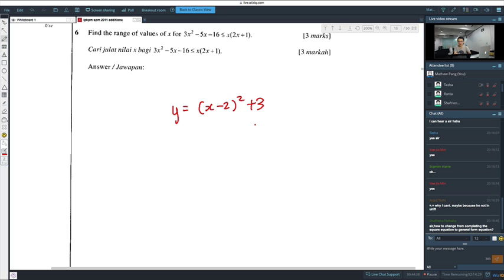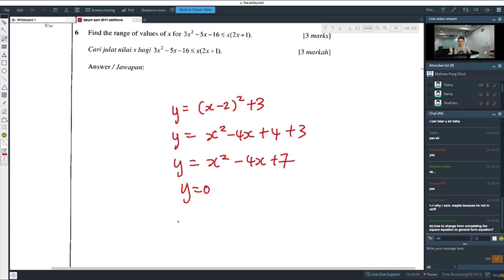I want to change it into the general form. So I will just expand it: x squared minus 4x plus 4 plus 3. So y equals x squared minus 4x plus 7. Normally for the general form I let y equal 0, so 0 equals x squared minus 4x plus 7. This is how we change the completed square form into general form.